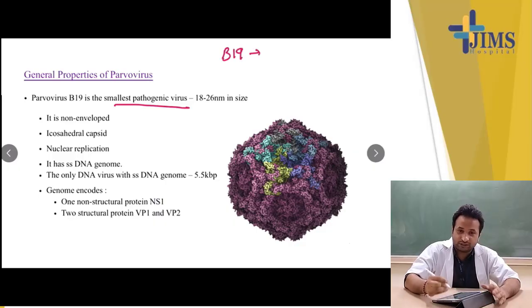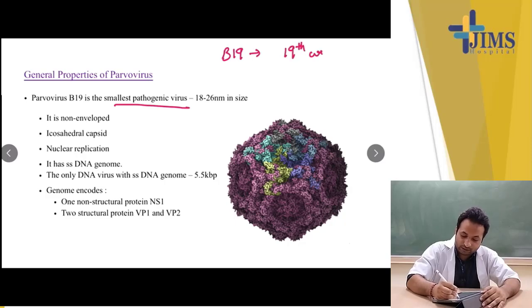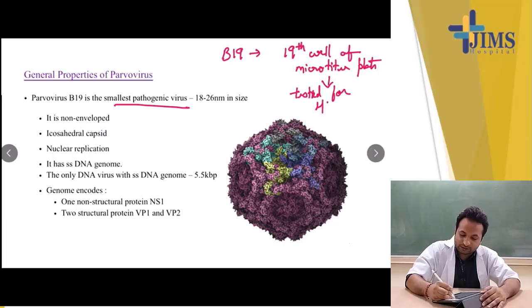Because it was first discovered in the 19th well of a microtiter plate which was being tested for hepatitis B surface antigen. So the B comes from hepatitis B, and because it was found in the 19th well of the microtiter plate, that's why 19.